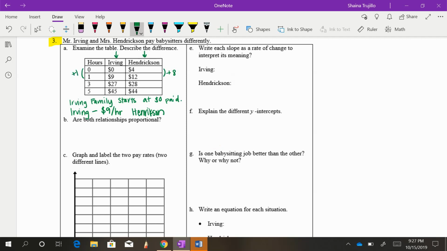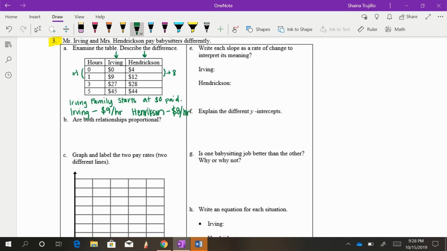Our slope, or our unit rate, is going to be 8 over 1. So the Henriksen family pays $8 per hour. Okay, so even though the Irving family starts paying at $0, you actually get paid more dollars an hour.